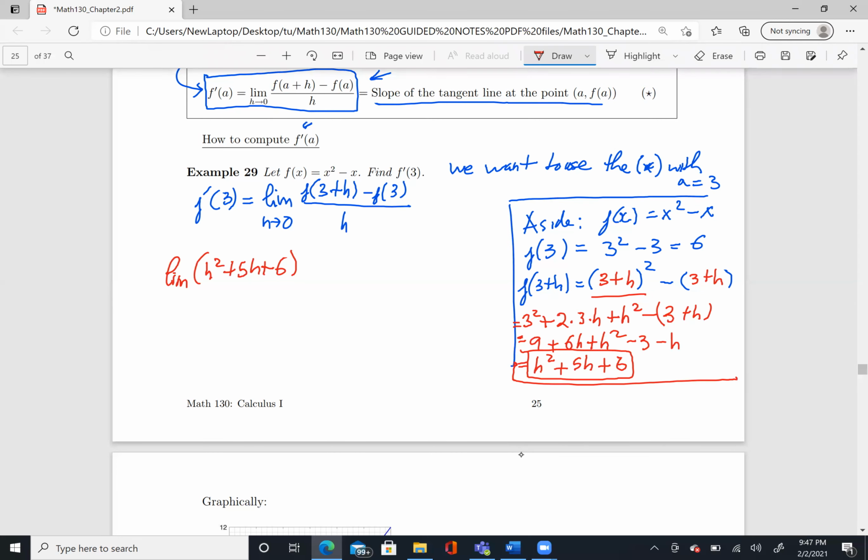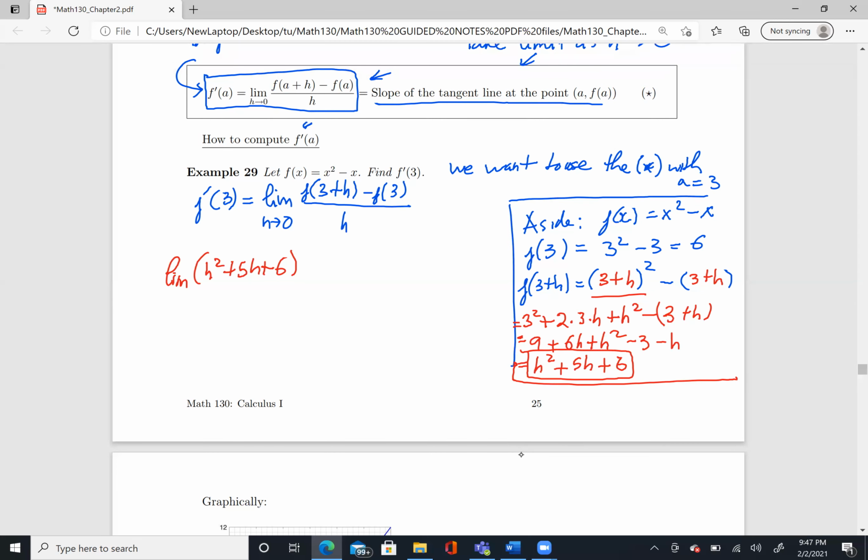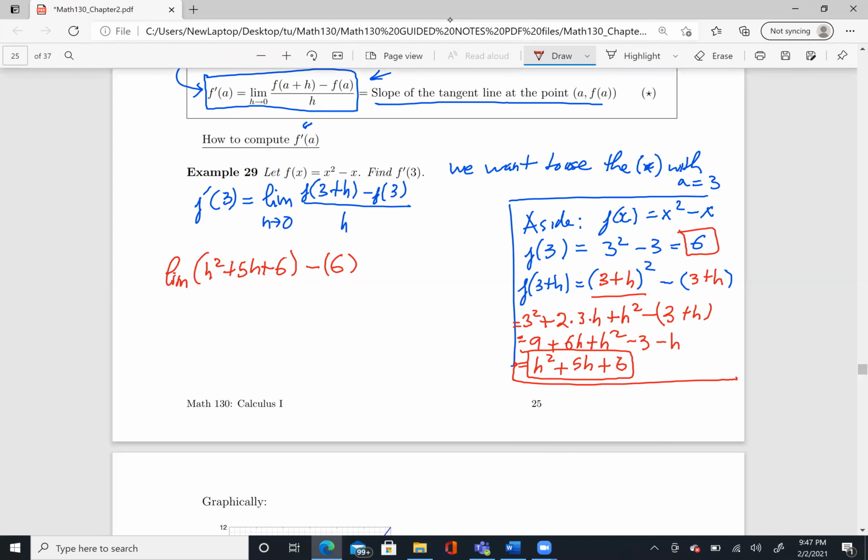Don't forget the parentheses because it may affect the subtraction later, so I always keep the parentheses. Now I subtract f of 3, which is 6, and then I divide by h for h approaching 0.